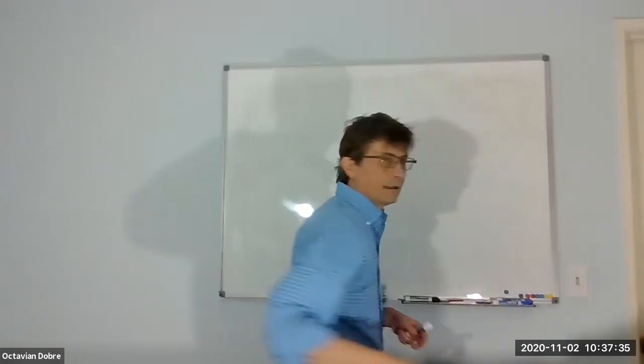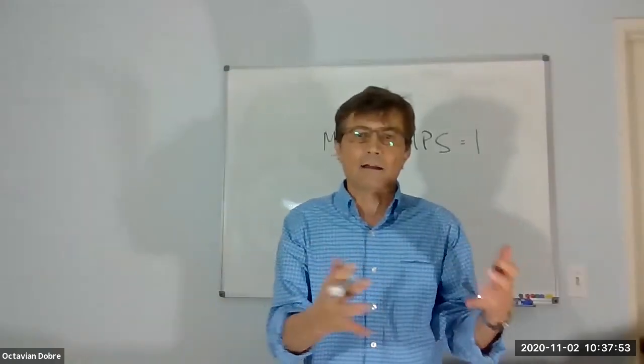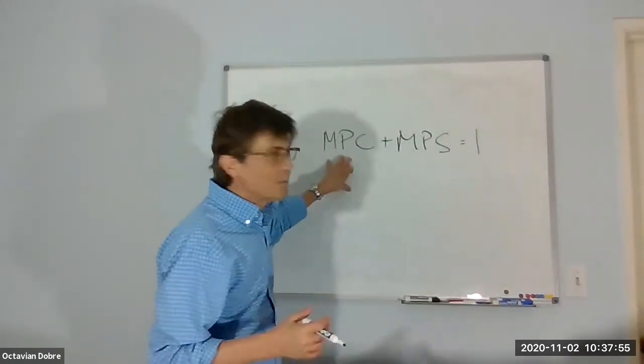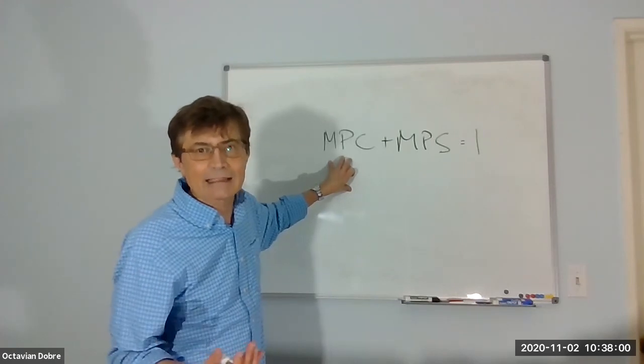Now, can I ask a question? Yes. Isn't the MPS supposed to be a number less than 1? Yes. MPS plus MPC equals 1. Okay. So if we consume out of an additional dollar worth of income 90 cents, what happened to the remaining 10 cents?